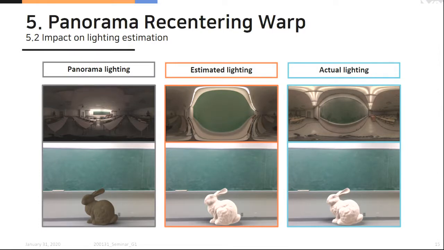They use a warping operator to generate a similar-looking panoramic image. If you see this picture, it doesn't look like a proper panorama, but they warped and zoomed in on the panoramic data to get the perfect lighting conditions.